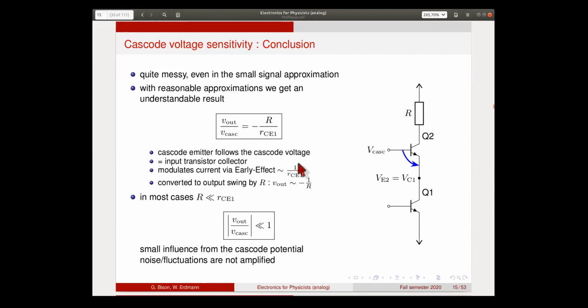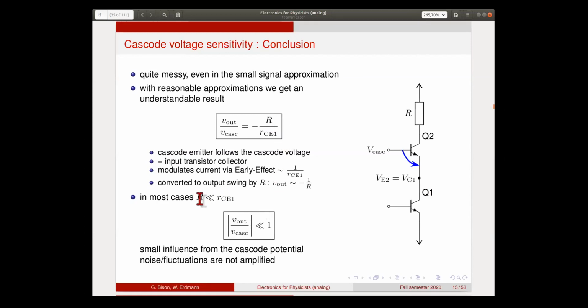So we have this proportionality to 1 over RCE1, which comes from this early effect. And then we convert this to an output swing with the output resistor here. So it's understandable that the whole thing is proportional to R over RCE1.